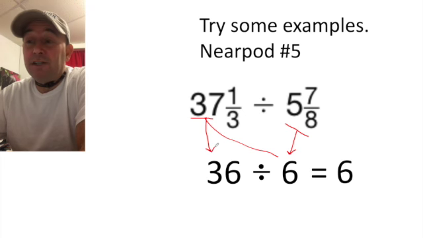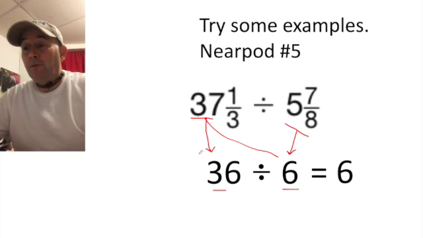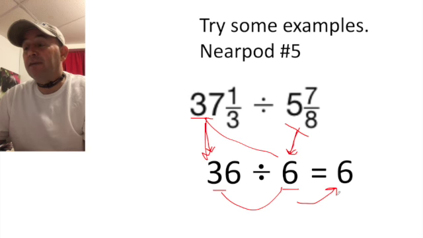The nearest thing compatible with 6 is 36. That's a multiple of 6, and it's not too far off from 37. So the logical estimate here would be to make 37 1/3 become 36, 5 7/8 become 6, and then divide 36 by 6, and you get 6.